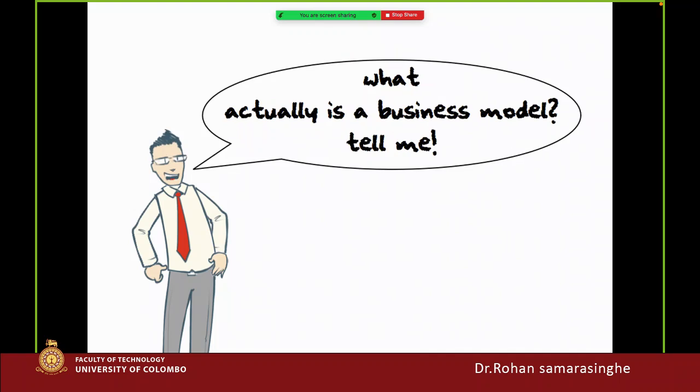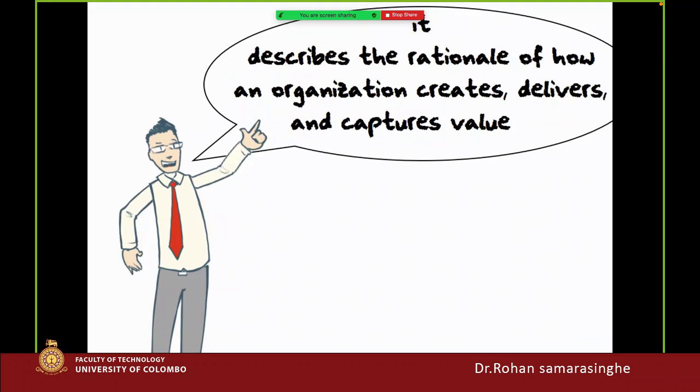So what actually is a business model? It describes the rationale of how an organization creates, delivers, and captures values. This is very, very important.